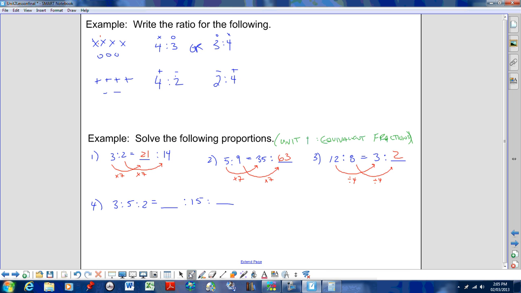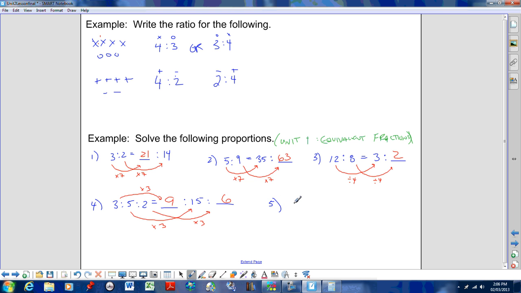If you want to solve this, you have to find the terms that match up, and it's our middle terms that match up, the 5 and the 15. Using your multiplication charts, we find that we had to multiply by 3. That means everything needs to be multiplied by 3. So 3 times 3, the missing first term is a 9. And that 2 has to be multiplied by 3, which means the missing term was a 6. All right, so we end up with a proportion that looks like that.